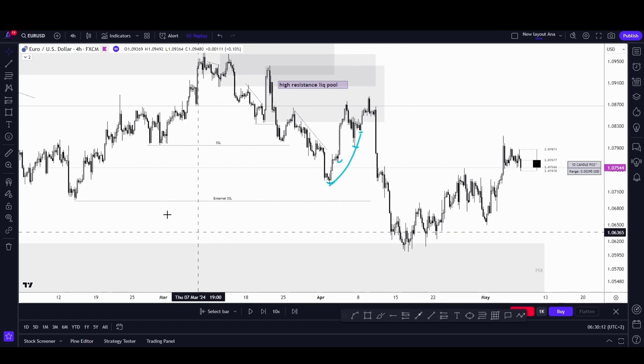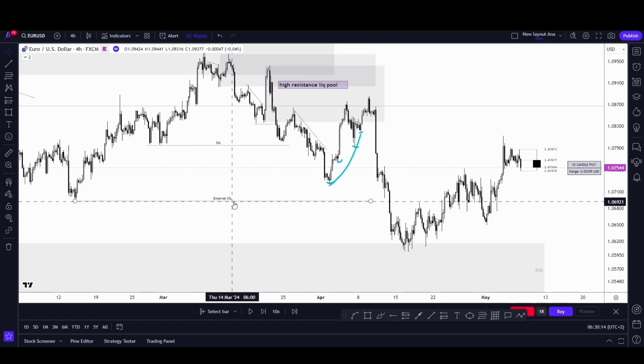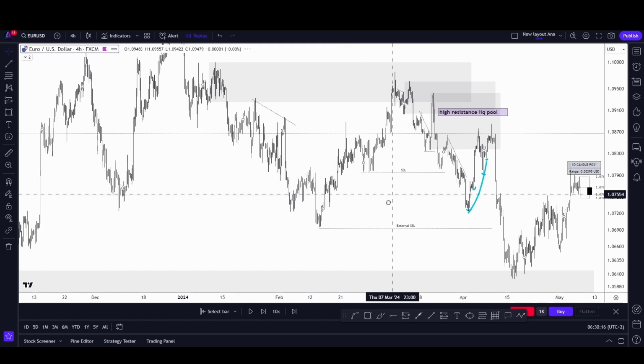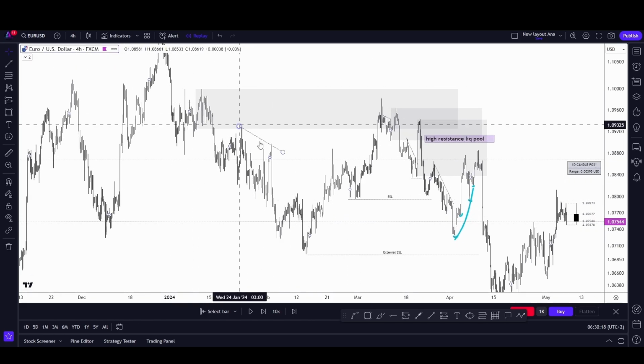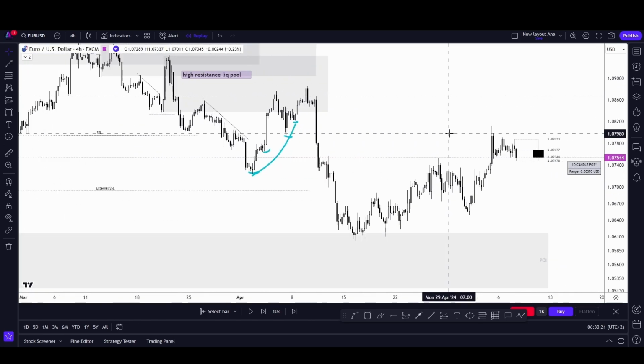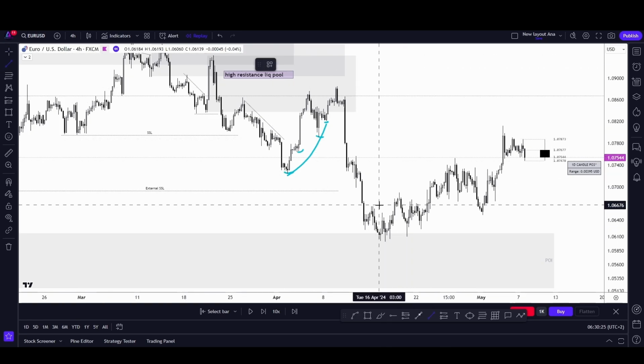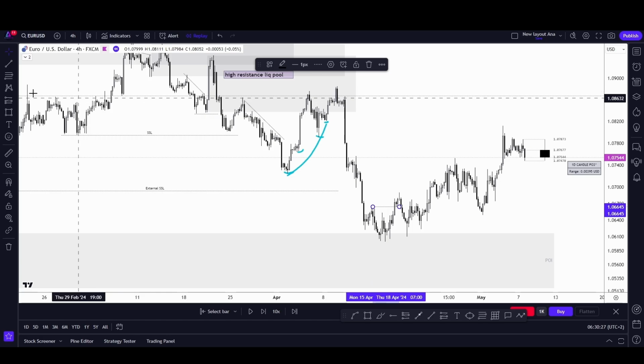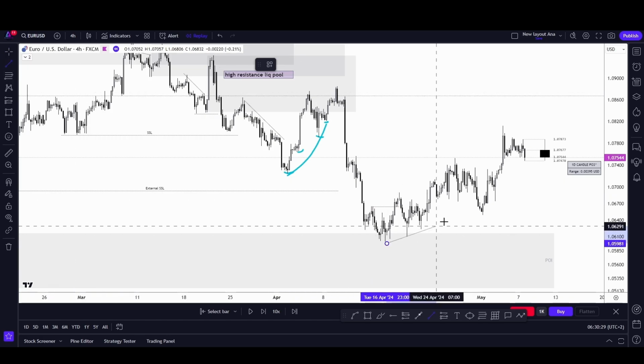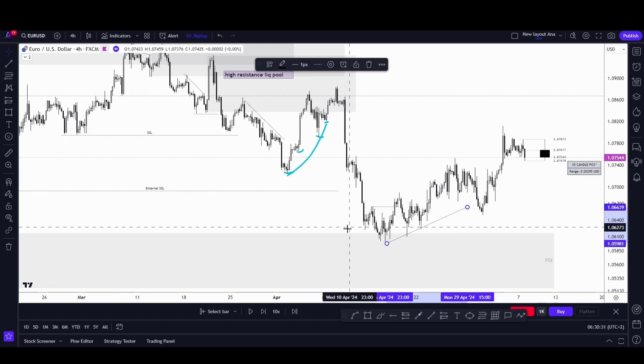So once we took this external sell side liquidity pool, which was an external one even on a higher time frame, what happened? Price started targeting buy side and creating another sell side for the future.